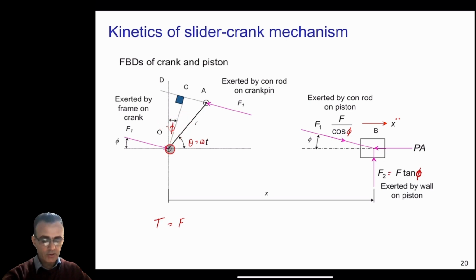It will be just this force times the perpendicular distance between this point and this force here. So the perpendicular distance here is OC, and as you can see, this is F1, which is F divided by cos phi.